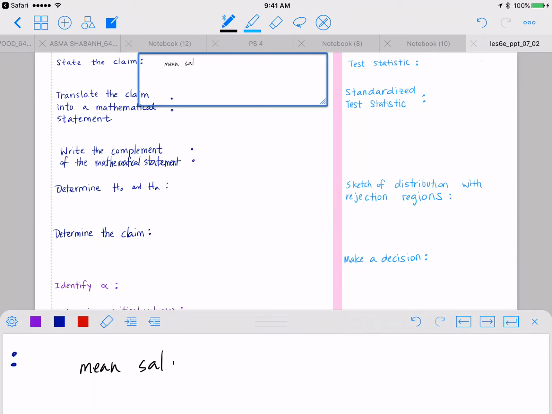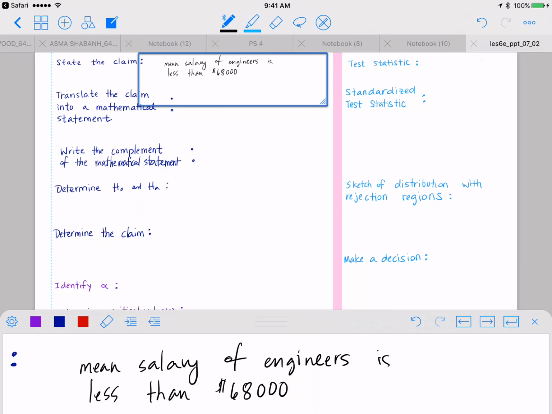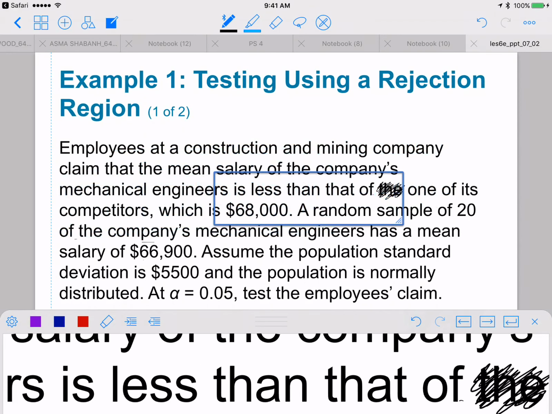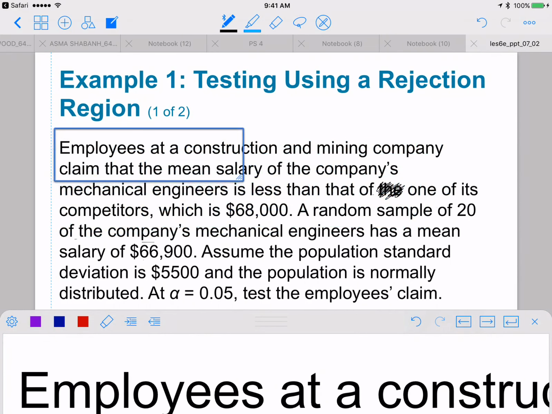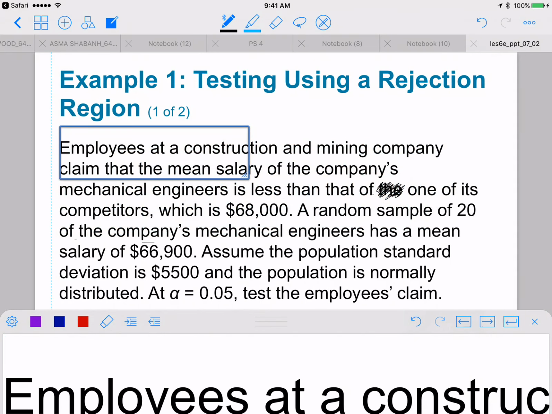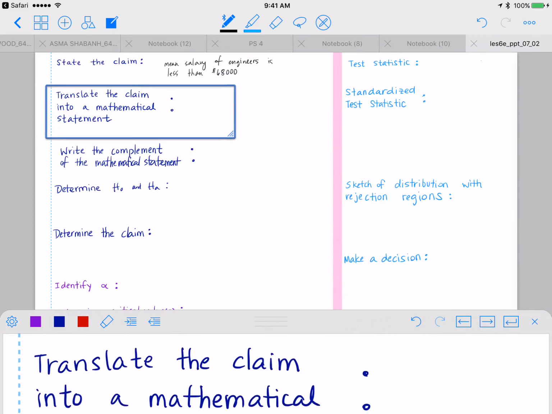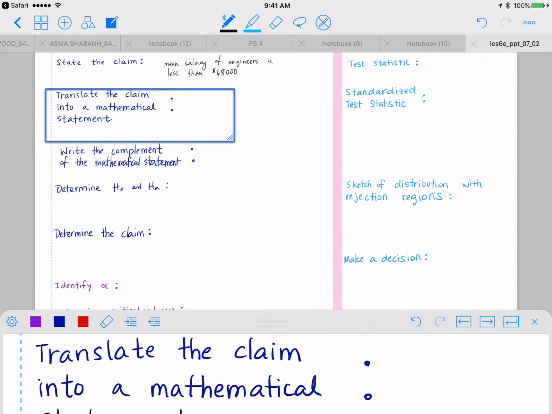So the claim is that the mean salary of engineers is less than $68,000. So it might be that the employees are getting ready to come together and try to say, hey, we should have a raise, right? So let's see here. We've got our claim. Now translate the claim into a mathematical statement.